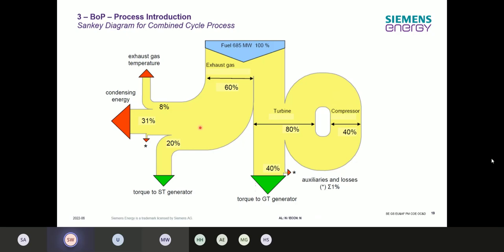Inside the boiler, we are producing our steam, preheating water, etc. And then the steam will go onto the steam turbine, and the steam turbine normally has an efficiency here, let's say 20%, which will come out.